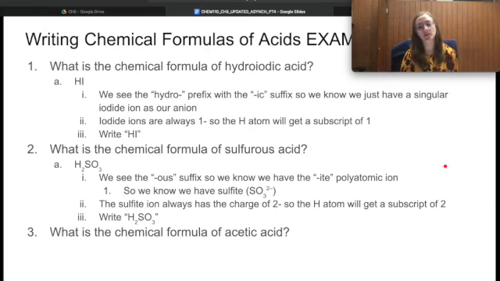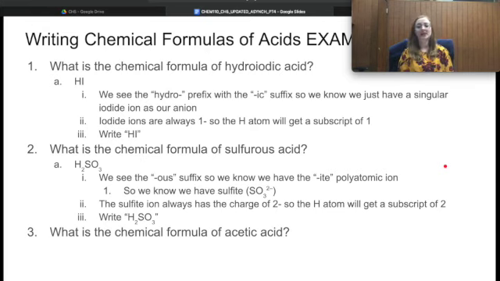Okay. And so what is the chemical formula of acetic acid? Well, we see the words acetic acid. We do not see the word hydro anywhere at all. So we look to the name to figure out which polyatomic ion we have if we don't see the hydro prefix.